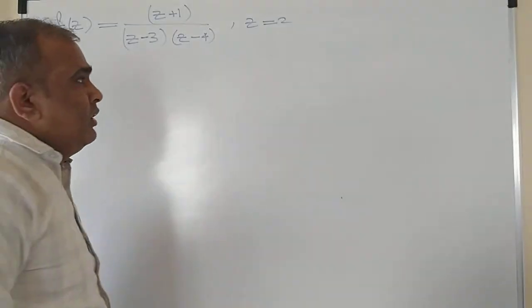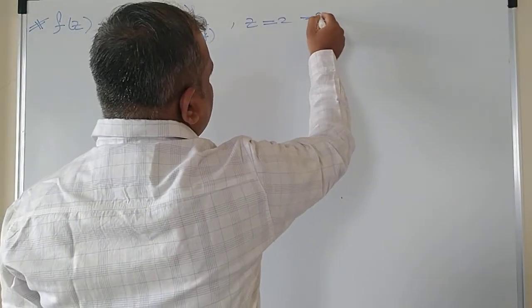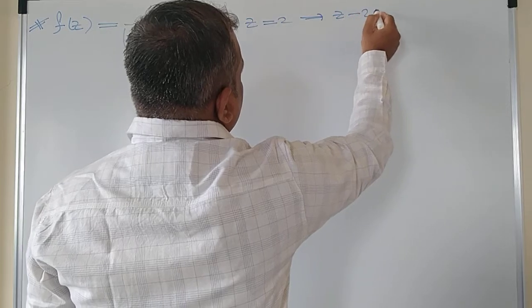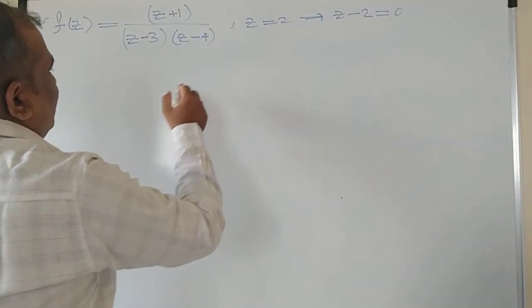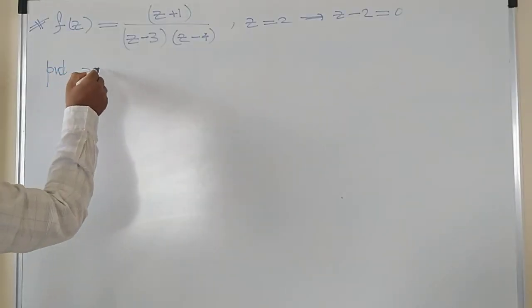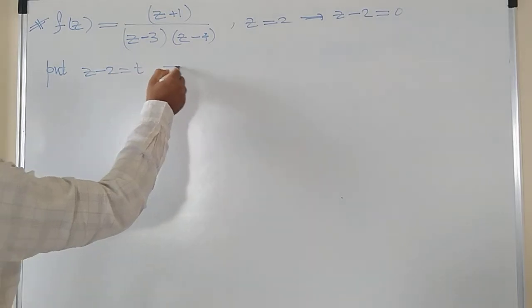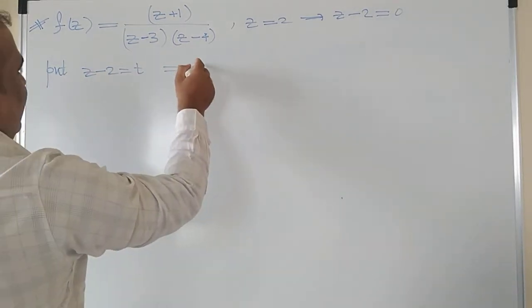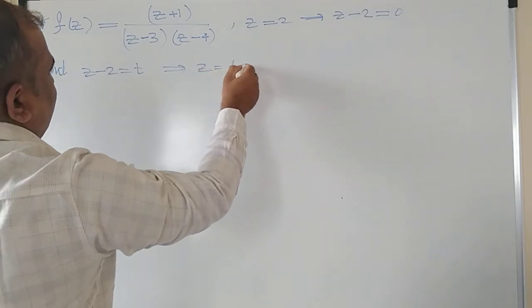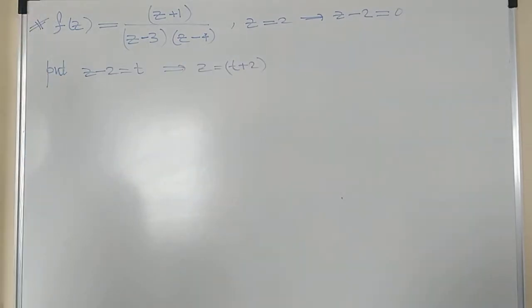This is given to you. So this gives you the equation z minus 2 equals 0, and put some substitution here. So I can say put z minus 2 is equal to t, and therefore you will get the value for z is equal to t plus 2.